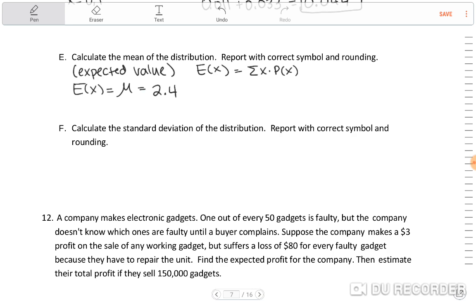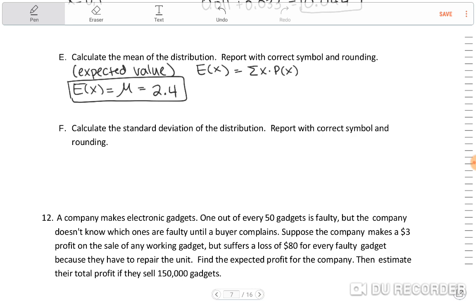Anyways, there it is. Okay, here we go. Yes, expected value is in chapter 6, and that's exactly how it's written here. So that's what it is. 2.4. I'm going to go ahead and just box that up.